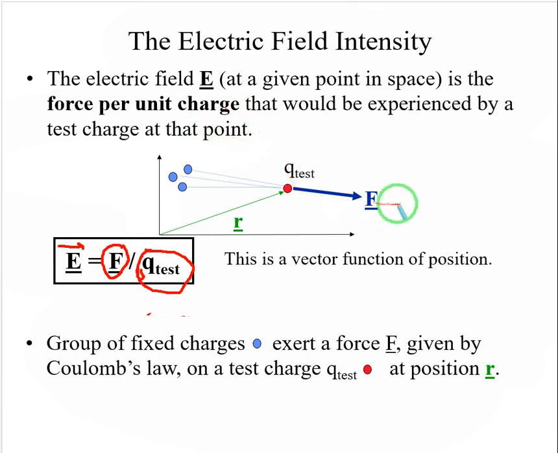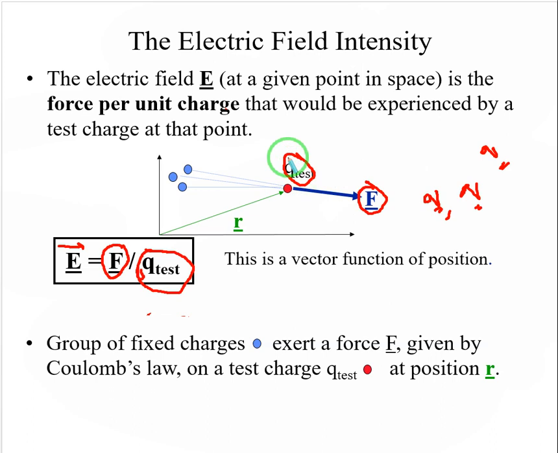Once we have this force, it means we have some other charges as well. So we have charges here, and due to these charges we have a force, which will be experienced by this charge. When the force is experienced by a charge, we call this electric field intensity.